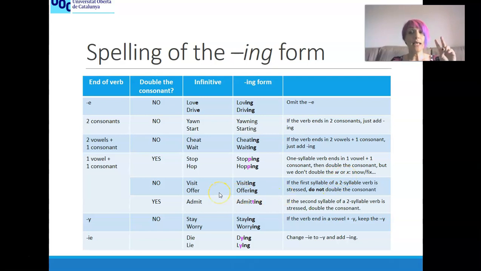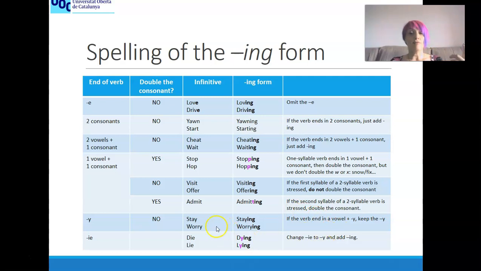Now, if it's a two-syllable verb ending in consonant, vowel, consonant, we do nothing. We just add ing and that's it. And if it's a two-syllable verb, but the second syllable is the stressed one, such as in admit, then we double the consonant, okay?